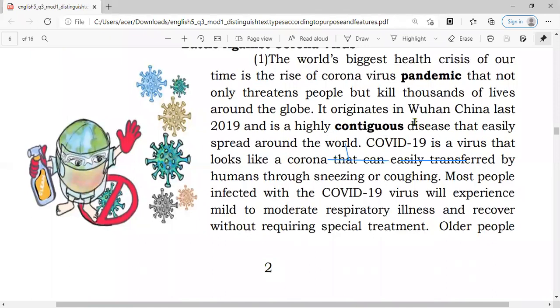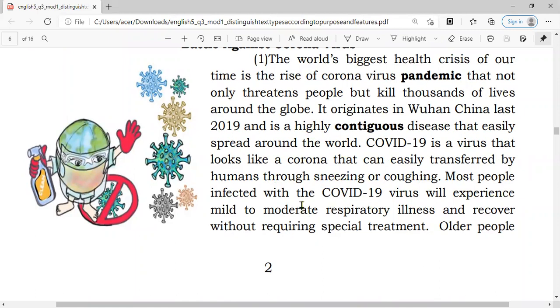It originates in Wuhan, China last 2019 and is a highly contagious disease that easily spreads around the world. COVID-19 is a virus that looks like a corona that can easily be transferred by humans through sneezing or coughing.